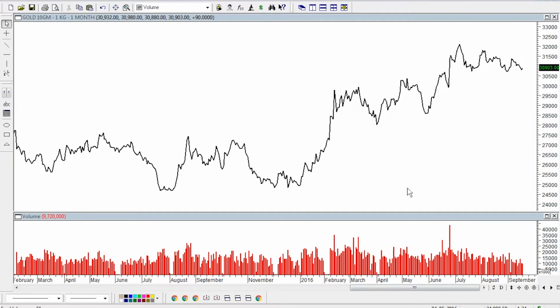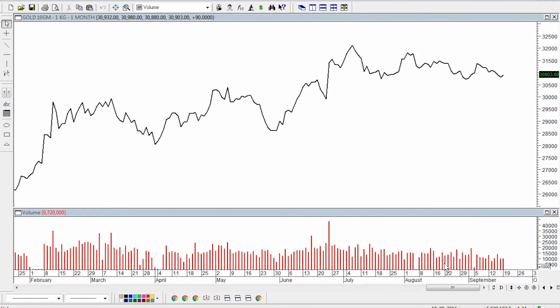Now from that Excel sheet, how will a chart look in professional software? Over here I have the chart of gold traded in MCX. This is a daily chart, and this is a line chart plotting the closes, and the red histogram at the bottom is the volume.